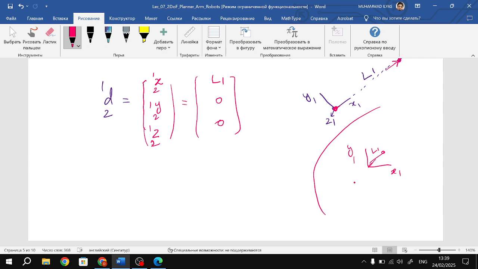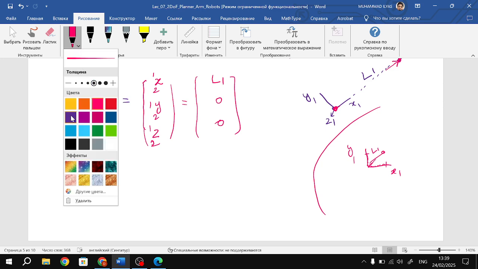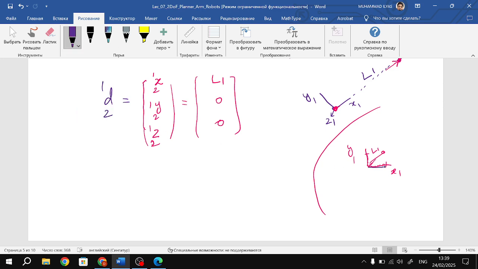It has 2 components, one in the direction of x1, one in the direction of y1, right? But if I say that your vector is only going in this direction, L1, then L1 has a component only in the x1 direction. In y1 direction it is 0. Vector has no component in the y1 direction.